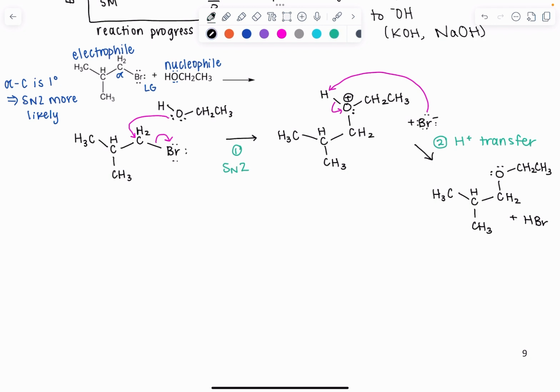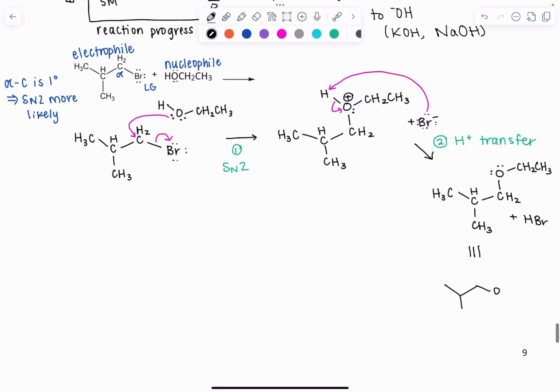And if you visualize molecules better as skeletal structures, I'll just draw what this is as a skeletal structure. We have 3 carbons and then an oxygen with the isopropyl group at the end, and then CH2CH3. Could draw the molecule like that as well.